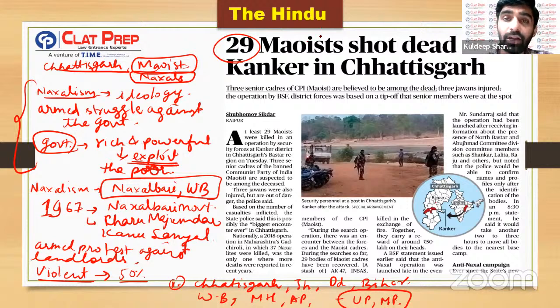Now let's look at the causes of the Naxalism movement, why these people have taken up arms. One is the flow of radical ideas.